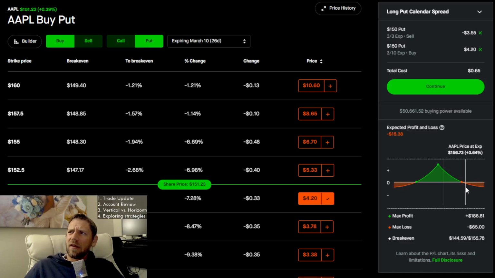You see that? It's minus $11 at 156. 157.5 is minus $24 only. At 158 it's $34, and it doesn't really reach that $65 level where it maxes out until quite far out from the strike price that I've chosen.